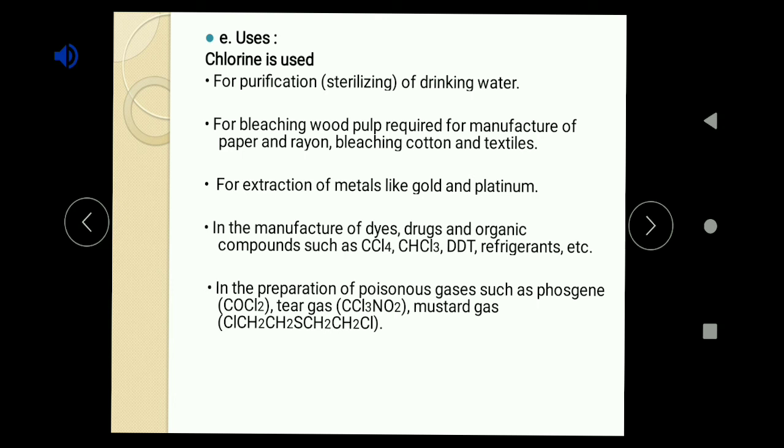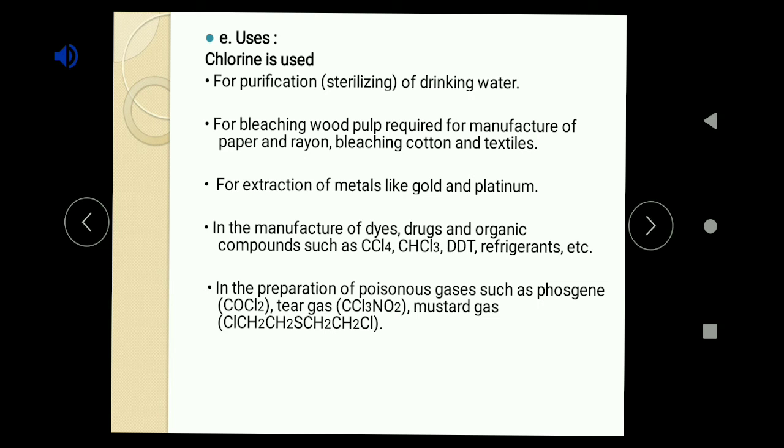Now the time for assignment. What will be the assignment for today's session? Because there are so many chemical properties, some particular questions I'm going to ask. Firstly, write down the Deacon's process for preparation of chlorine.